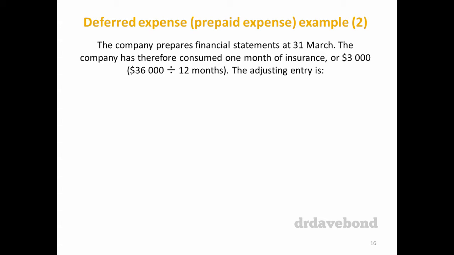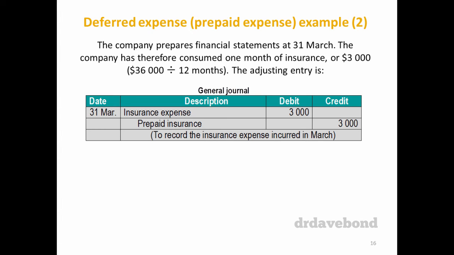The company prepares financial statements 1 month later. The company has consumed 1 month of that insurance, so $3,000. We need to reflect that we've used up $3,000. So we're picking up an insurance expense of $3,000, and we're reducing the prepaid.